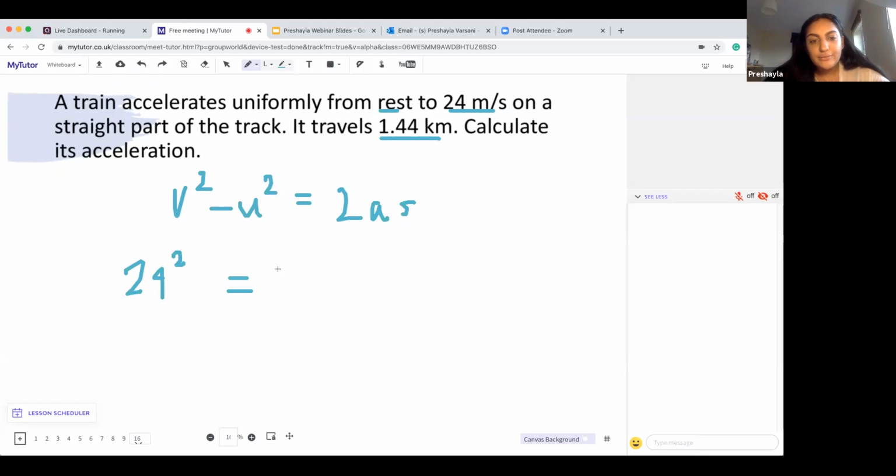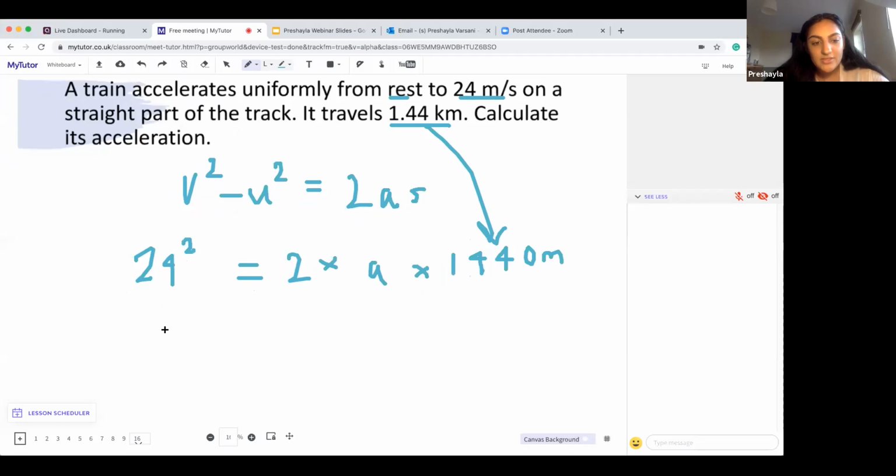Then I have 2 times a times s, where s is the distance 1.44. And I can change that into meters by timesing by 1,000, and I get 1,440. So what I've done there is just turned kilometers into meters by timesing by 1,000.